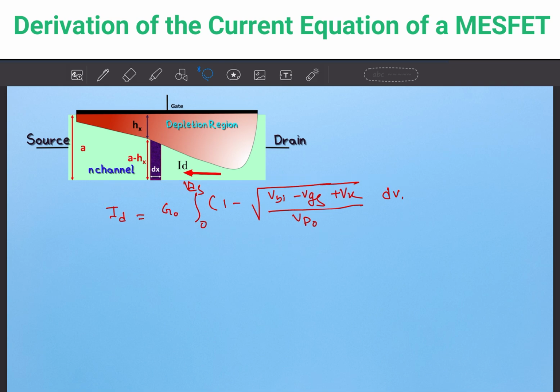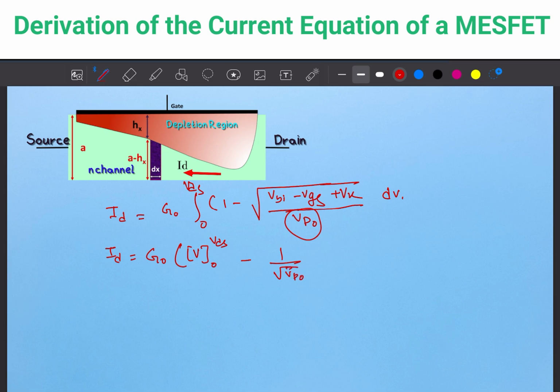Okay, so what will we get? ID is equal to G0 times Vx from 0 to VDS. Here V pinch-off is constant, right? So we just take out V pinch-off. And then we need to do the integration of (VBI − VGS + Vx) to the power half.